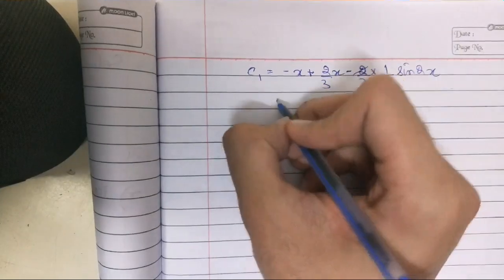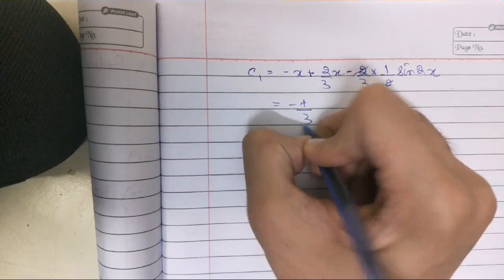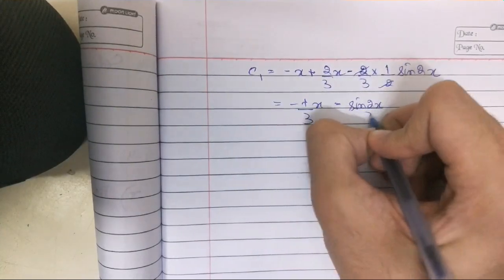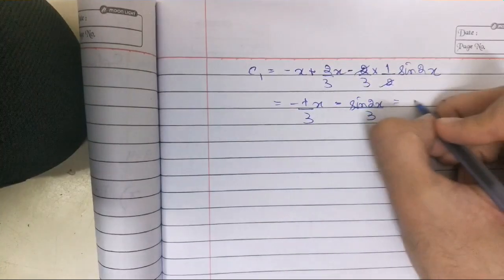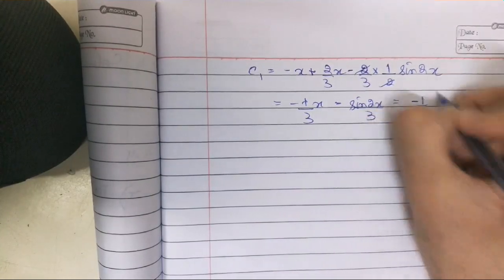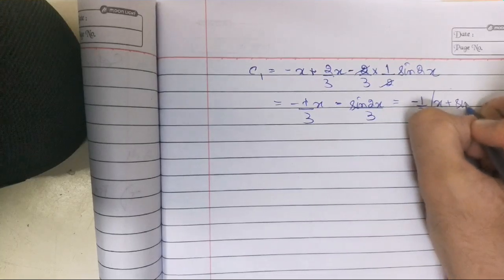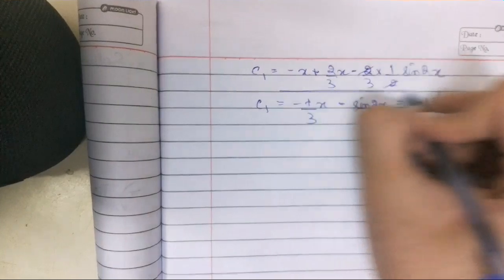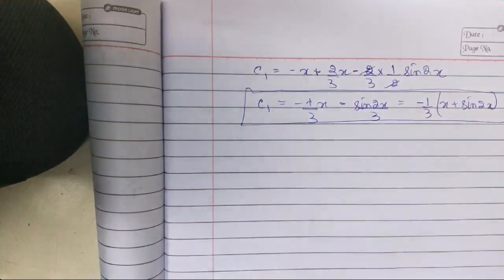Right, so this gives us minus 1 by 3 x minus sine 2x by 3, and taking out minus 1 by 3 common, we get x plus sine 2x. Right, so this is C1.